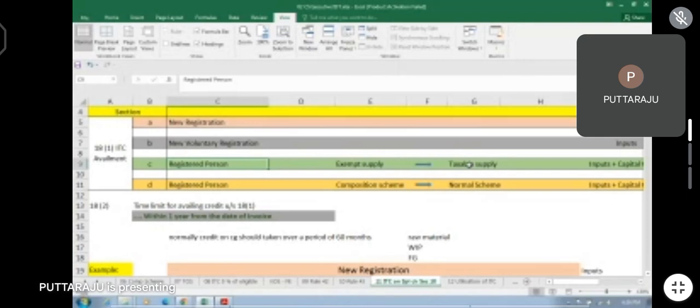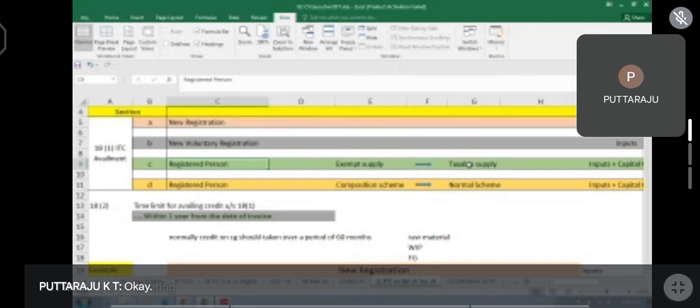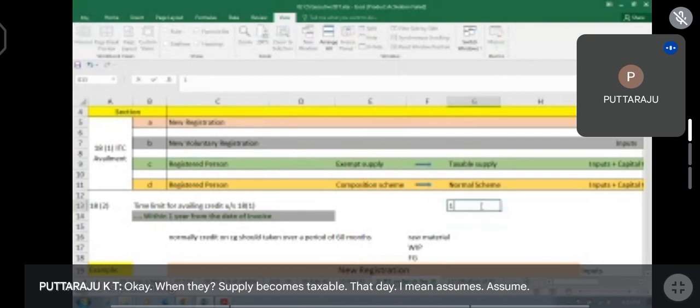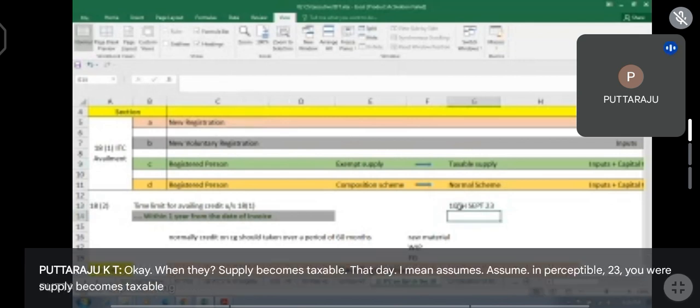When the supply becomes taxable, assume 10th September 23, your supply becomes taxable from 10th September.